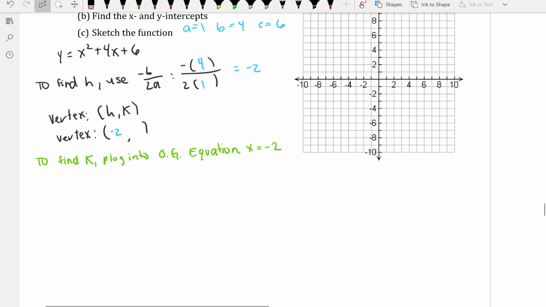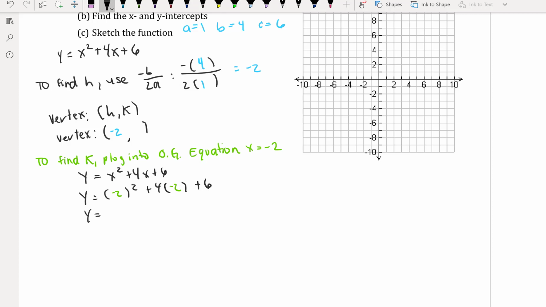So, okay, we remember that we had y equals x squared plus 4x plus 6. Every time I see an x, this is where I will be plugging in that value of negative 2.